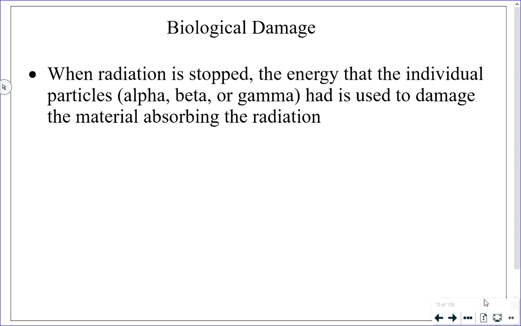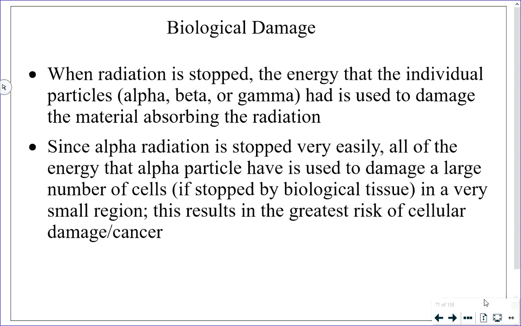Now, in the case of a car, it goes into the car, but it also goes into the concrete barrier. In the case of an alpha particle stopped by cells, it's not like the alpha particle is going to get dented like a car. It can't get dented. All of the energy is absorbed by the cells.